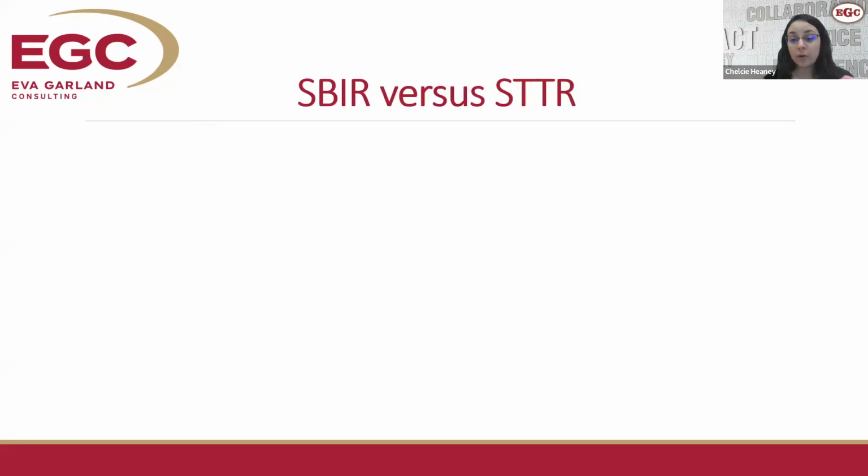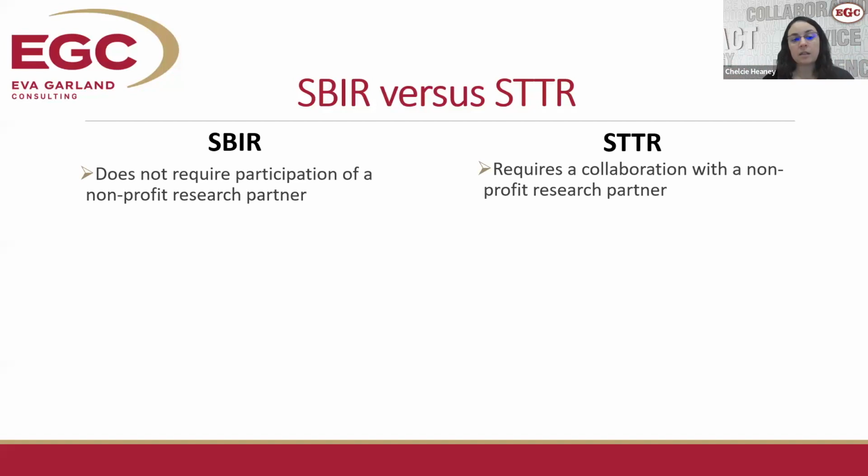Okay, so now we're going to talk about the differences between SBIR versus STTR. So for the SBIR, the Small Business Innovative Research Grant, that again does not require the participation of a nonprofit research partner. STTR, the Small Business Technology Transfer, requires, so you must have a collaborating nonprofit research partner.